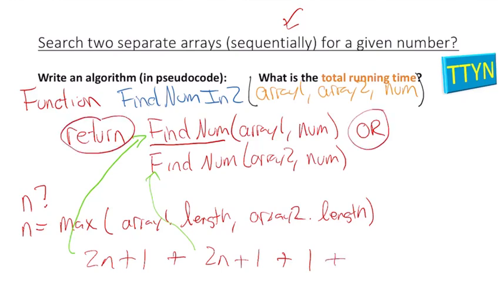So let's just say we have plus 1 for the or and another plus 1 for the return statement. I think I ended up with 3 plus 1s there.